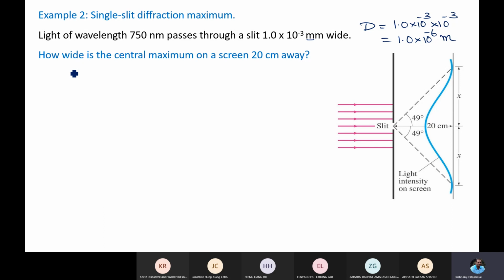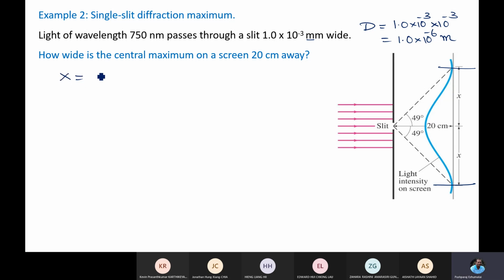Now, how wide is the central maxima? That means the central maxima, look at the diagram, up to here. So we need to find the distance. We know the formula for x.